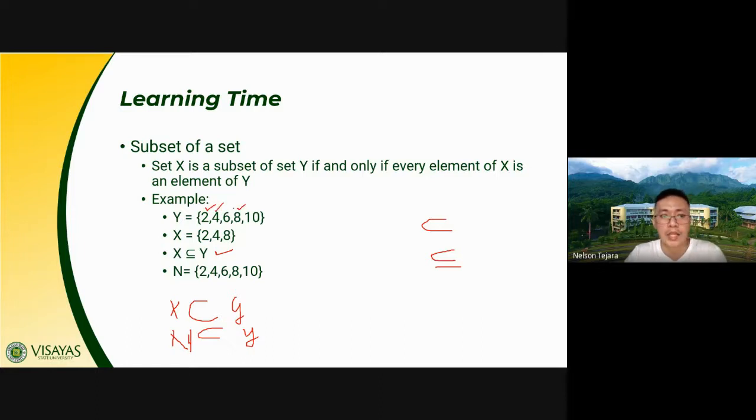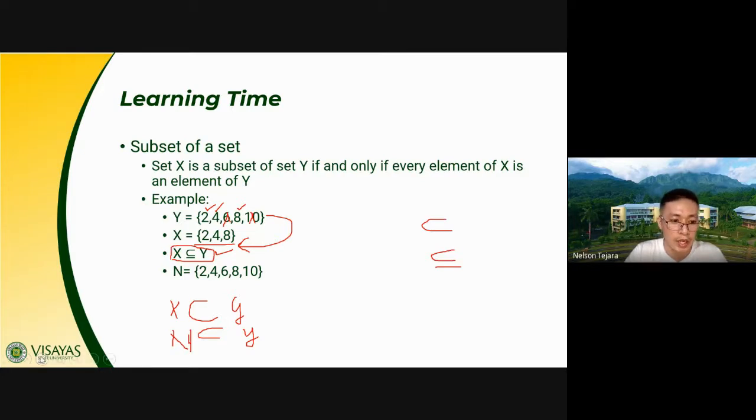But take note, class, that set Y contains at least one element which is not in set X. Again, let me repeat that for you. Set Y contains at least one element not found in set X. With that given instance, since set Y contains at least one element not found in X, then we could say that X is a proper subset of Y.